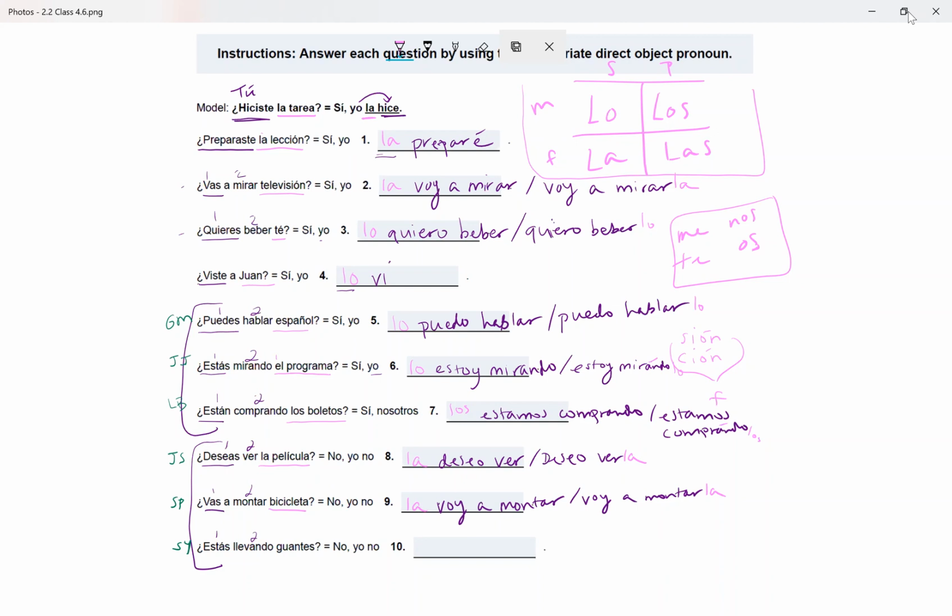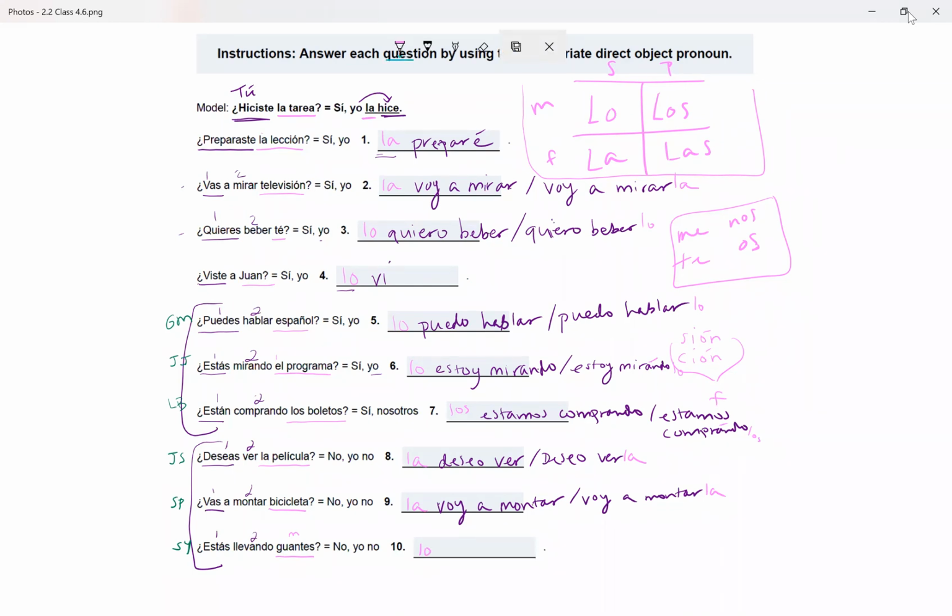I put lo estoy llevando. Yes. Oh wait, no, it's guantes, right? Yep. So what are we going to replace with? So you said lo, but guantes is masculine.